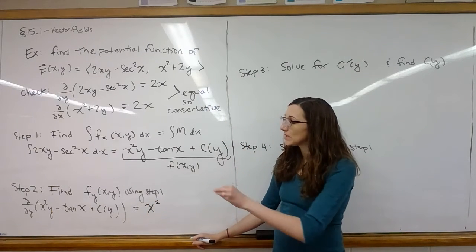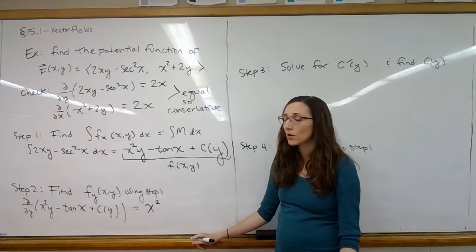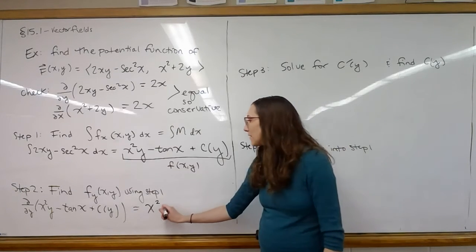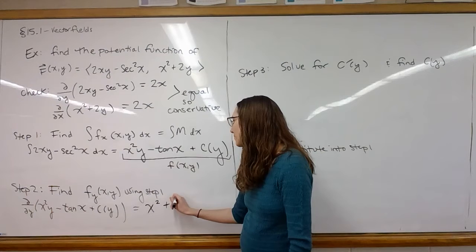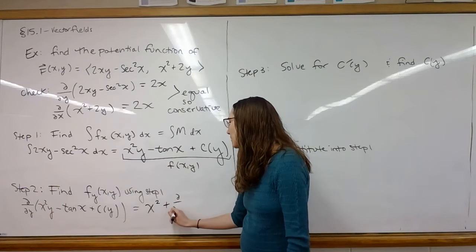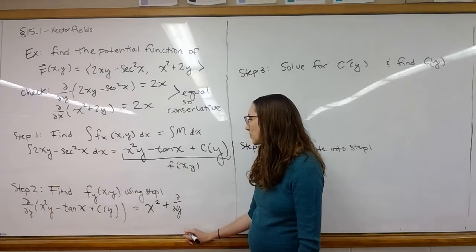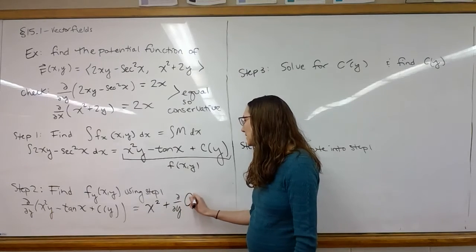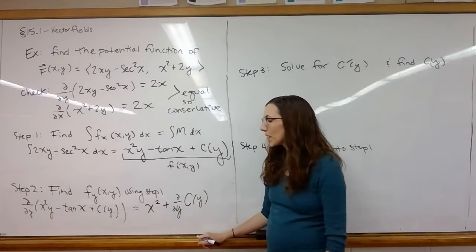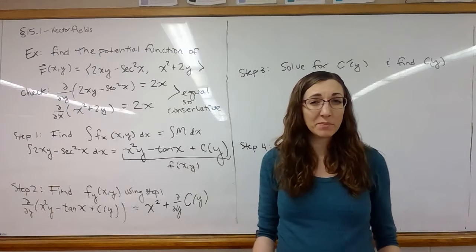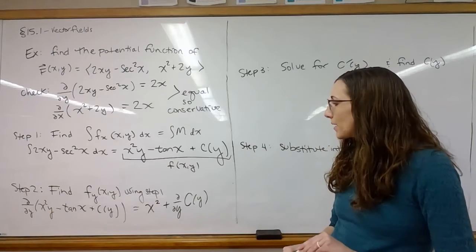The minus tan x is just going to go to 0. And then we're left with the derivative with respect to y of c of y. Last time I wrote it as c prime. Same thing either way.